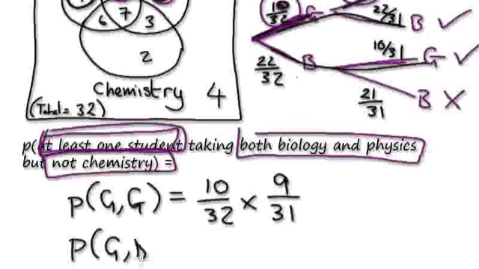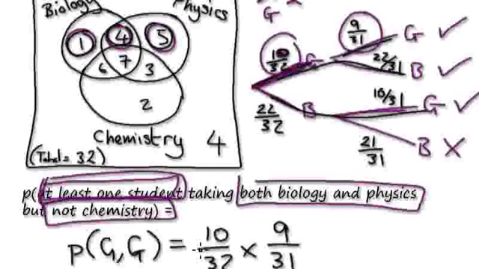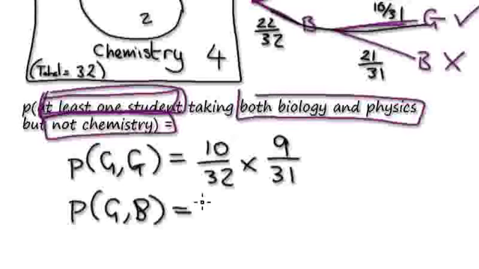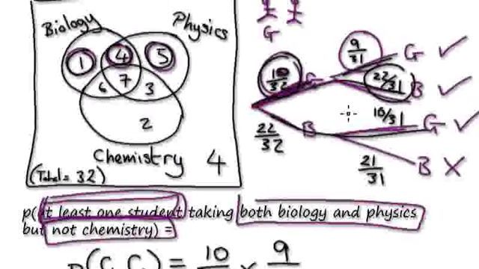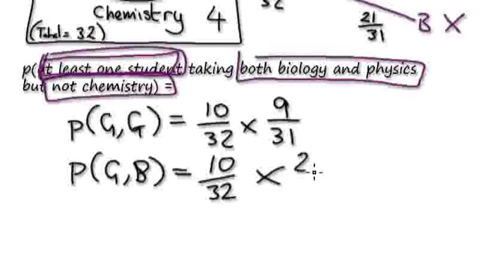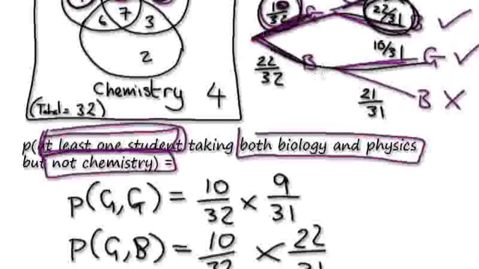That would be this branch here, this one and then this one. So we need this and this. So it will be 10 over 32 times this here, 22 over 31.